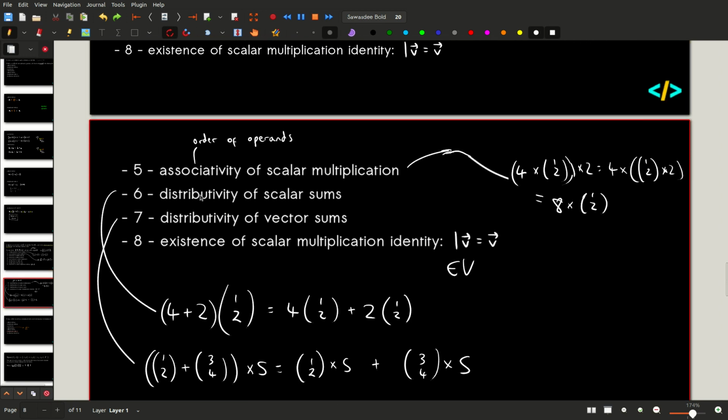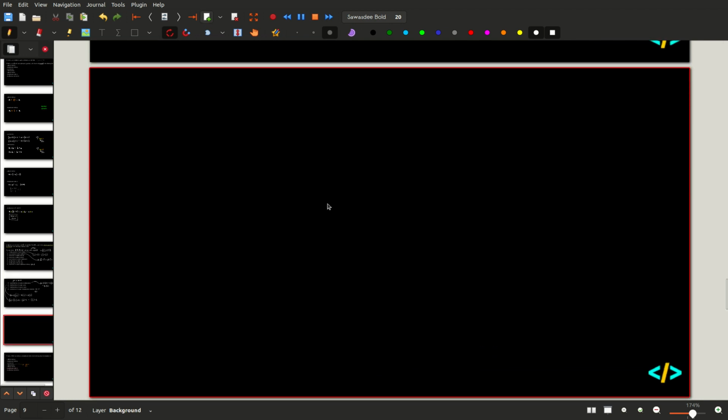Before we move on to the next part, can we think of any examples of some valid fields that we could use? What sets could we write down?